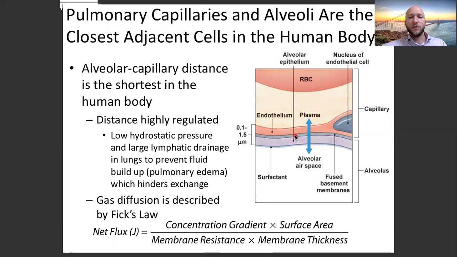This small interstitial space, in part, is maintained by what I just talked about, the low hydrostatic pressure and large lymphatic drainage in the lungs to prevent fluid buildup or pulmonary edema, which hinders exchange. Pulmonary edema is something that's not good and something that you need to be aware of.